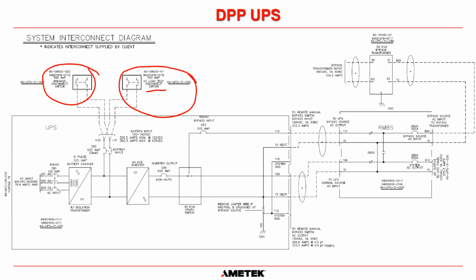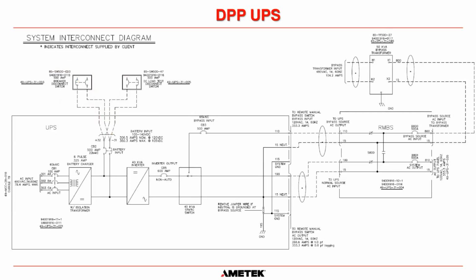So that is the ideal situation, because that allows us isolation between the battery and the UPS terminals itself. Because if you didn't have this disconnect and you just connected the battery at this point here, then there would always be battery power at 32 and 31 inside the system.